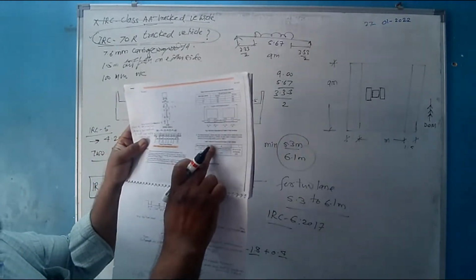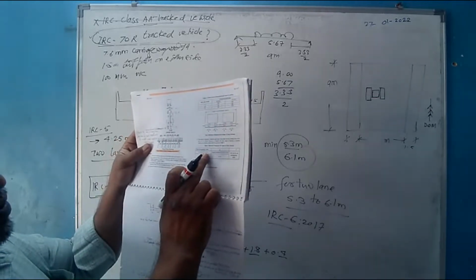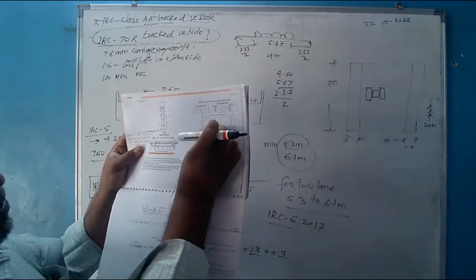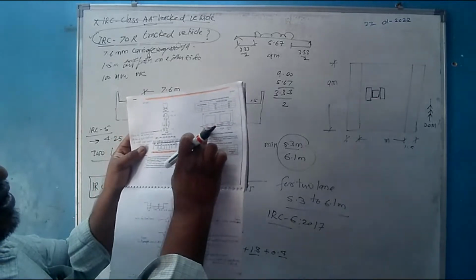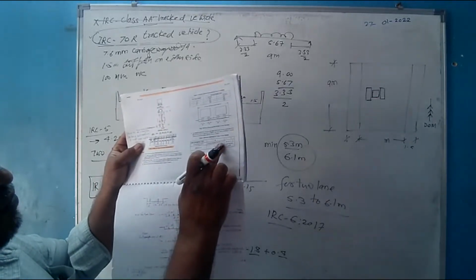Clear carriageway width 5.3 से 6.1. The varying distance G, the clear distance between the two passing or crossing vehicles 0.4 से 1.2 मीटर.